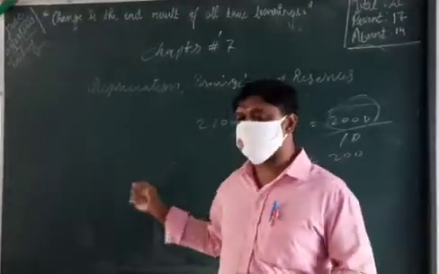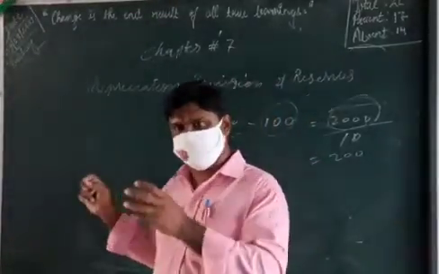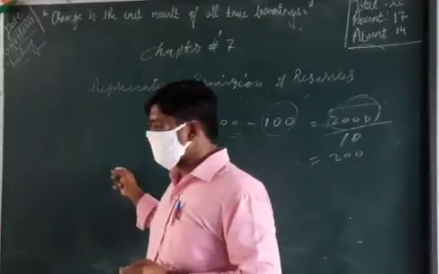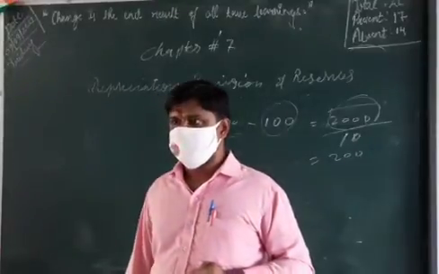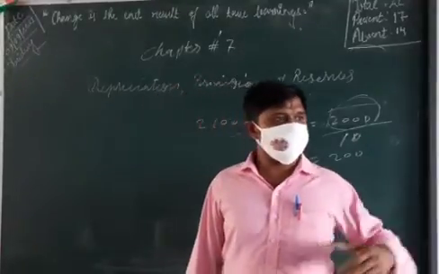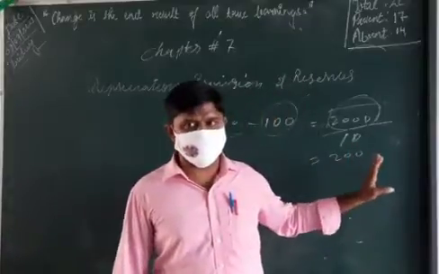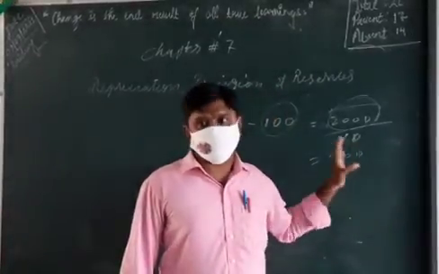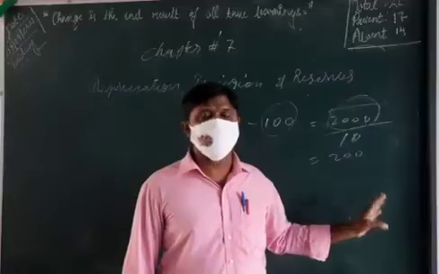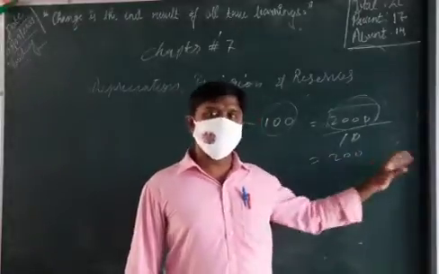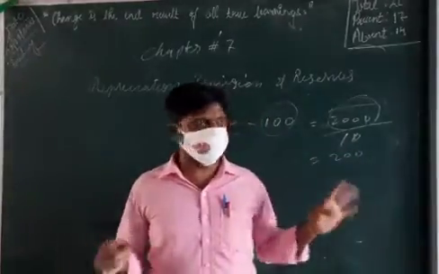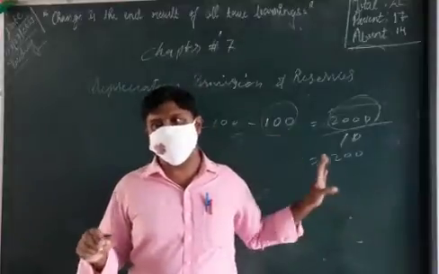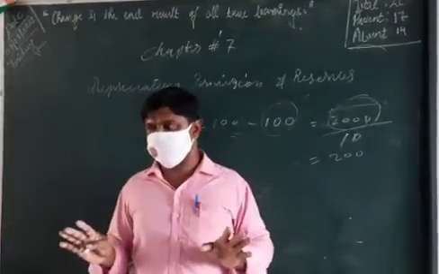For example, take this blackboard, just for your simple understanding. Once we bring the blackboard here, we assume the same depreciation every year. If in one year we didn't use this classroom, then this board also we didn't use. Just imagine that.